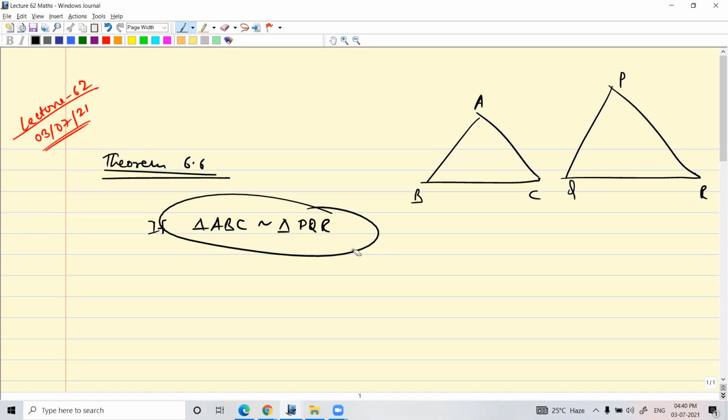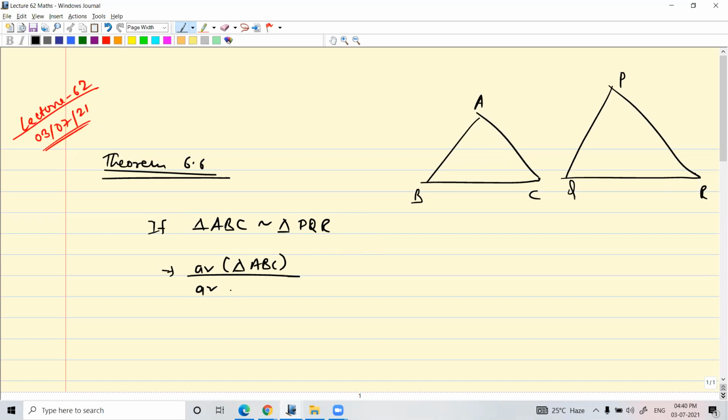So if triangle ABC is similar to PQR, then area of triangle ABC by area of triangle PQR will be equal to the square of the ratio of corresponding sides, AB by PQ whole square.